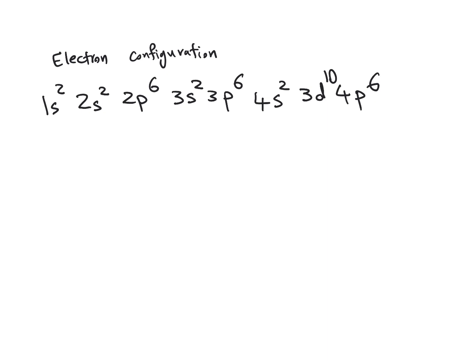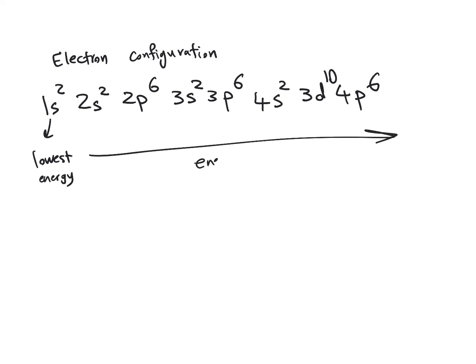And remember, we fill out the orbitals with electrons from the orbitals that have the lowest energy. So this one has the lowest energy, and the energy increases when we go left to right.